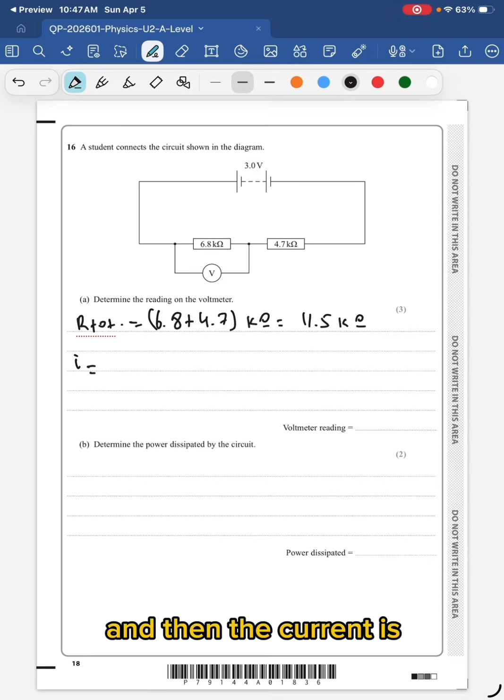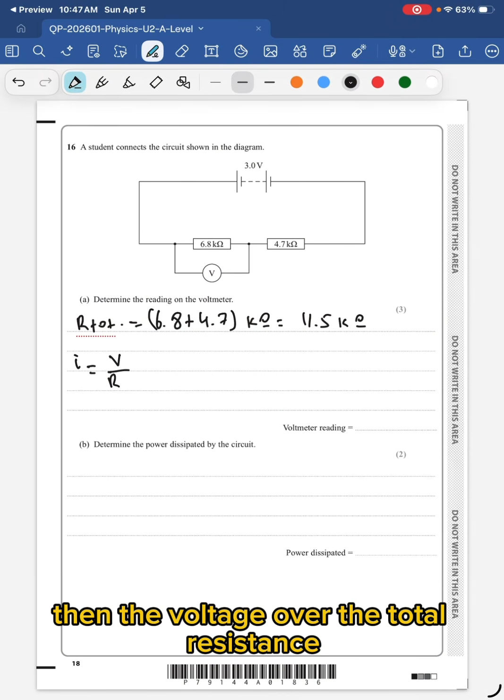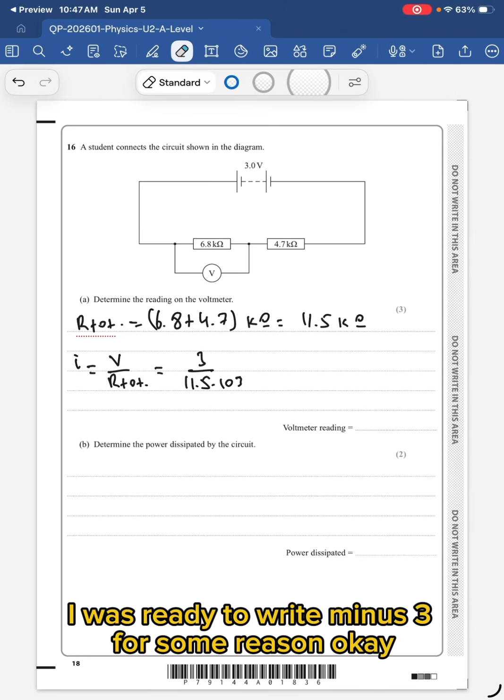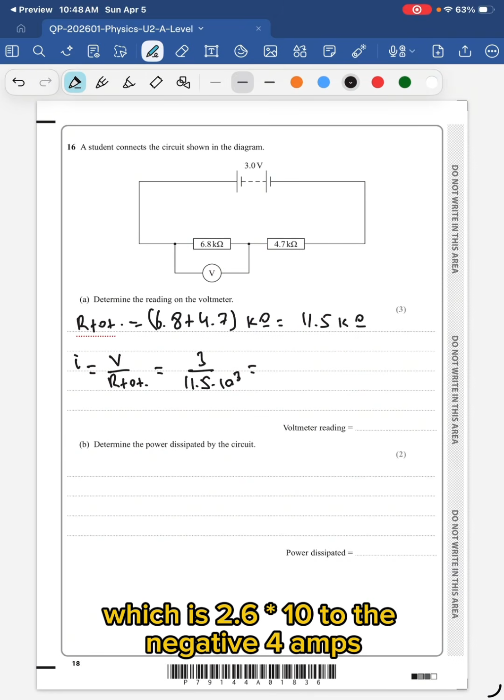And then the current is then the voltage over the total resistance. So that's 3 over 11.5 times 10 to the 3. Sorry, I was ready to write minus 3 for some reason. Okay, which is 2.6 times 10 to the negative 4 amps.